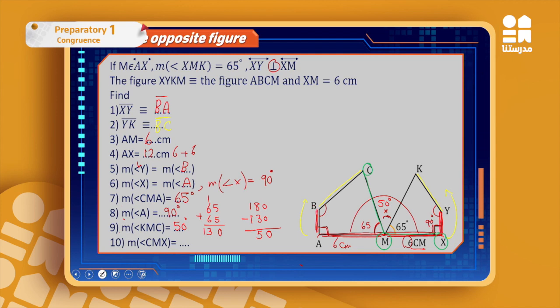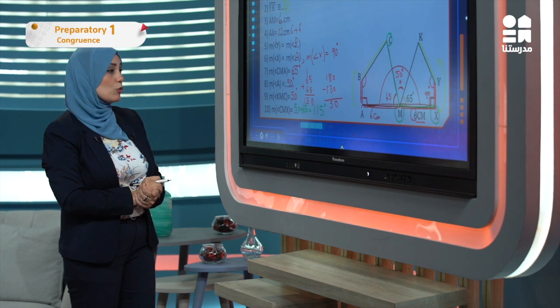I know two angles. We have to add both to get CMX. So all we need to do is add 50 plus 65. 0 plus 5 is 5, and 6 plus 5 is 11. So it's 115 degrees.